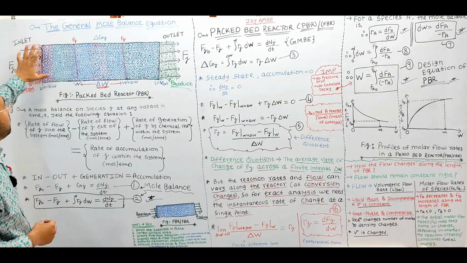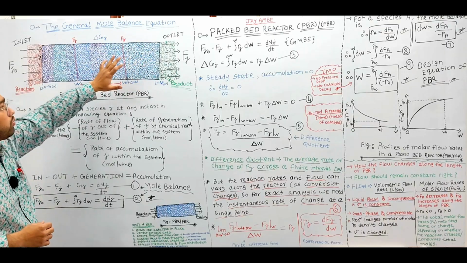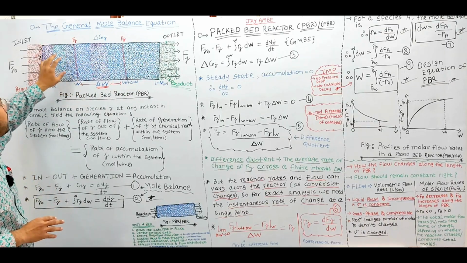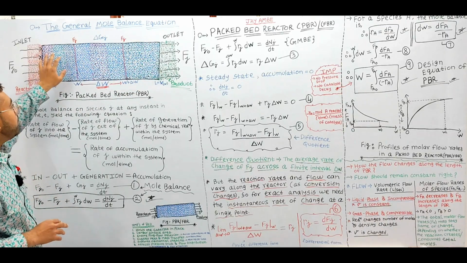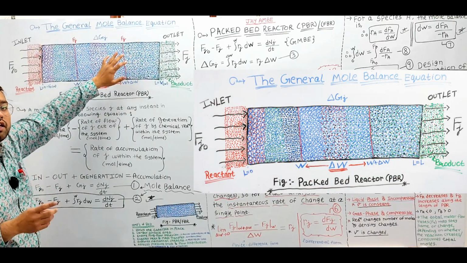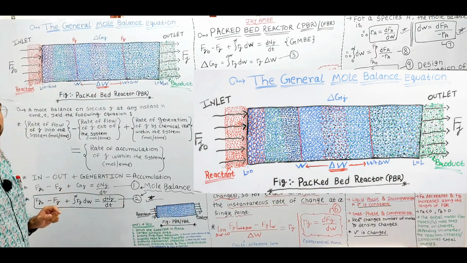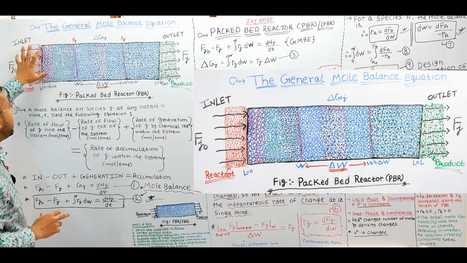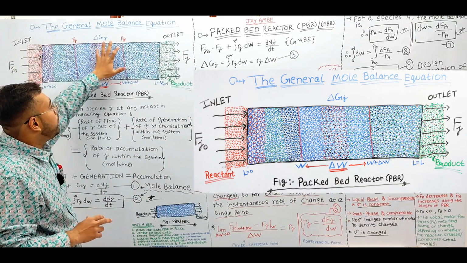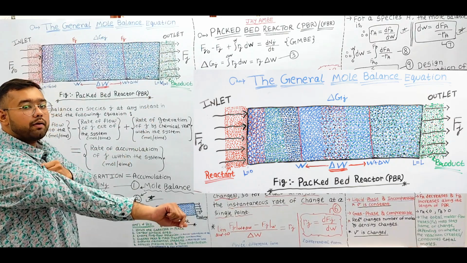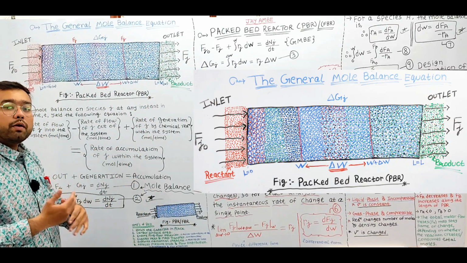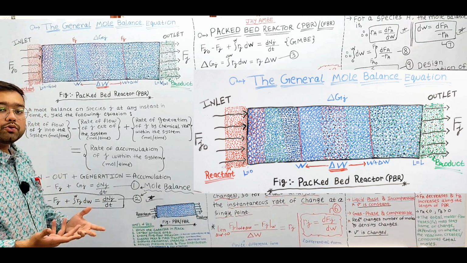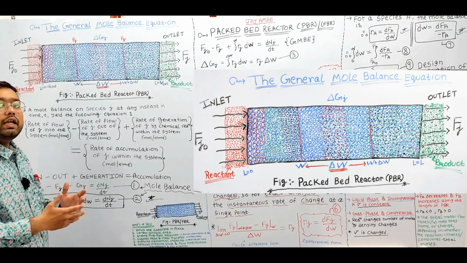Let's say we have a tubular reactor. In the case of the PFR, we have the hollow space, which is known as the plug flow reactor. But in the case of the packed bed reactor, the tubular reactor is completely filled with different types of packing materials. It may be a solid catalyst, a solid support, solid inert materials, or any solid phase.